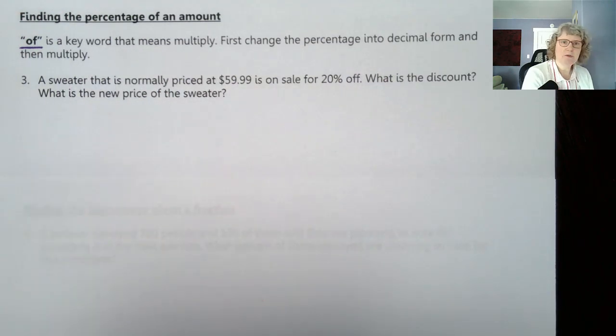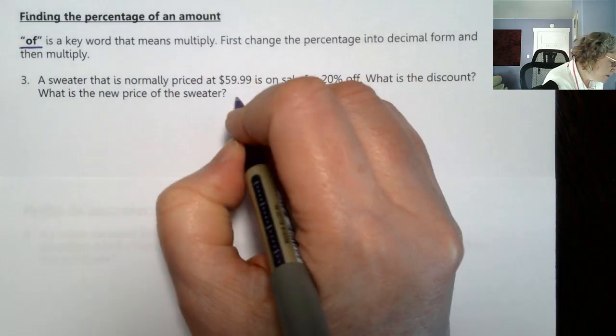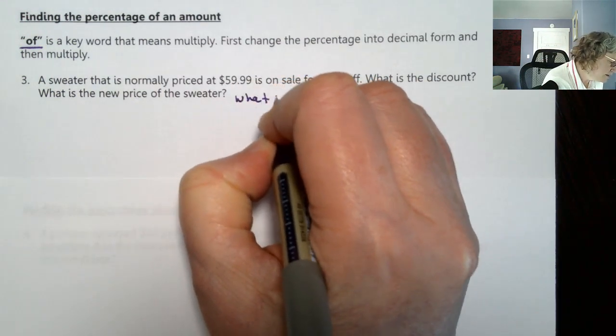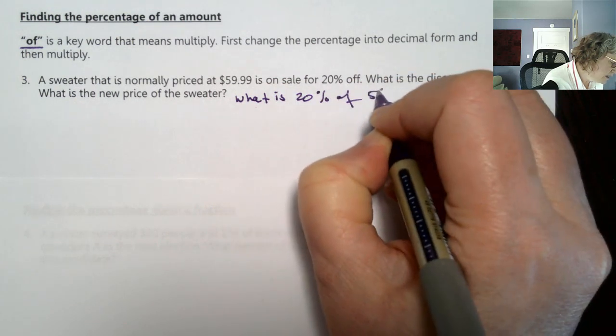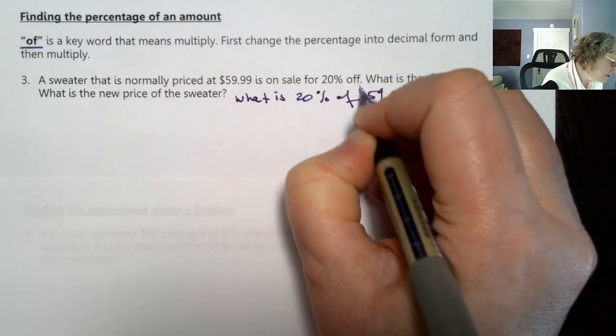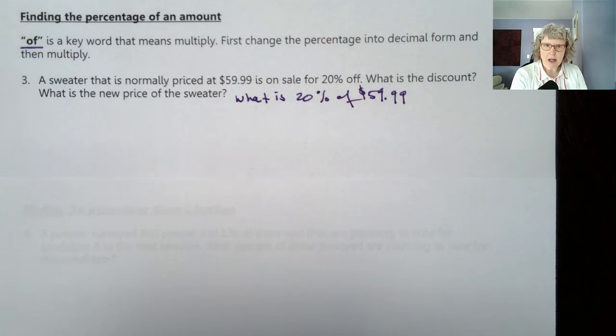Okay, so as an example, a sweater that's normally priced at $59.99 is on sale for 20% off. What is the discount and what is the new price of the sweater? Okay, so this is another way of saying what I said before. What is 20% of $59.99? So that's what tells me that I'm going to multiply.